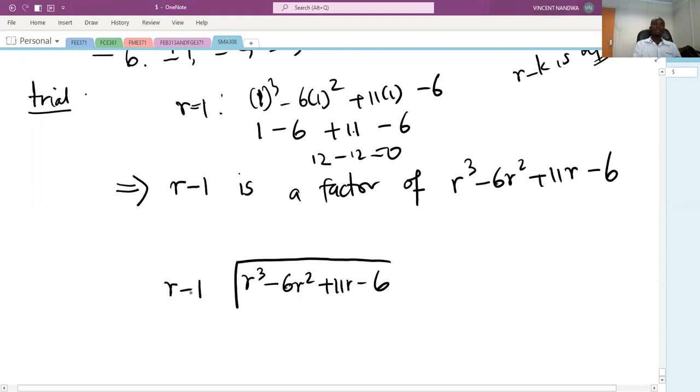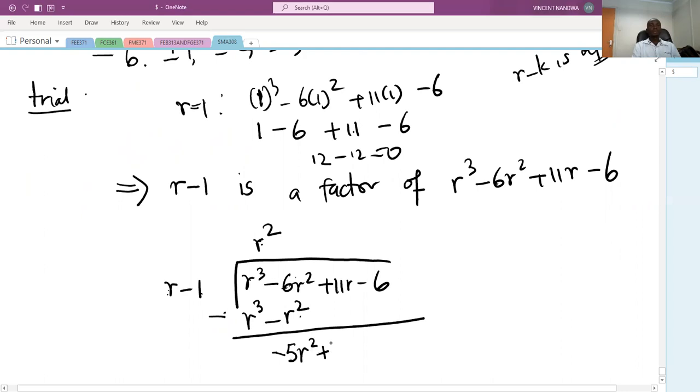divided by r minus 1. So you ask yourself, what do you multiply by r to get r cubed? And that is r squared. So r squared times r is r cubed. r squared times minus 1 is minus r squared. And then you subtract, just as we do with normal numbers. r cubed minus r cubed is 0, minus 6r squared minus minus r squared is like minus 6 plus 1, which is minus 5.